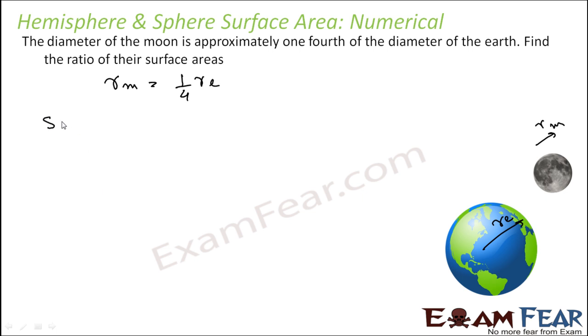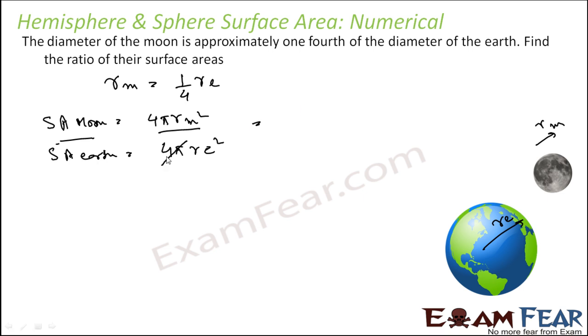So surface area of moon is 4 pi Rm square. Surface area of Earth is 4 pi Re square. So let's divide these two. This gets cancelled, Rm by Re square. In this I can say Re is nothing but 4Rm.